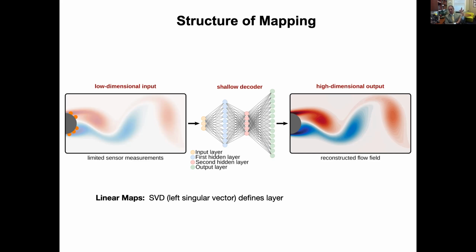At the same time that I measure those, on the right is what the flow physics looks like. That's what the state space looks like. So to train this neural network, I need pairs of data: here's the full state, here's the measurements, and let's train a map between them. So that's what we're going to do: take this neural net and train a map.